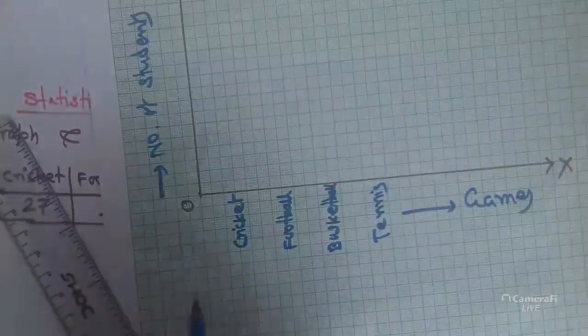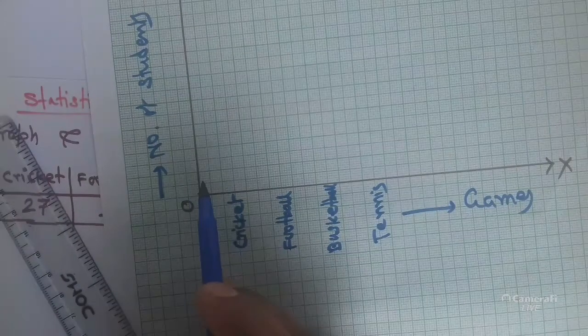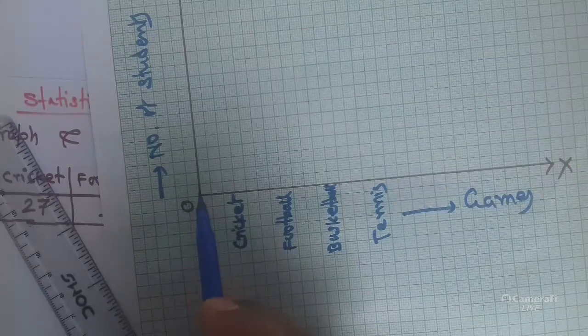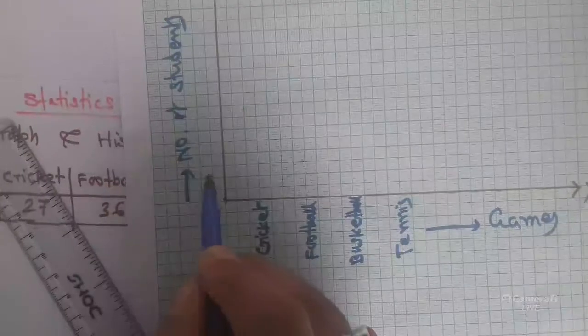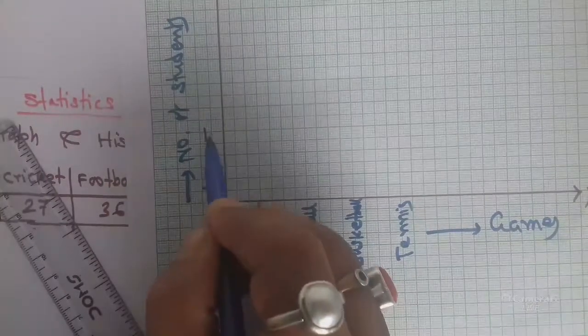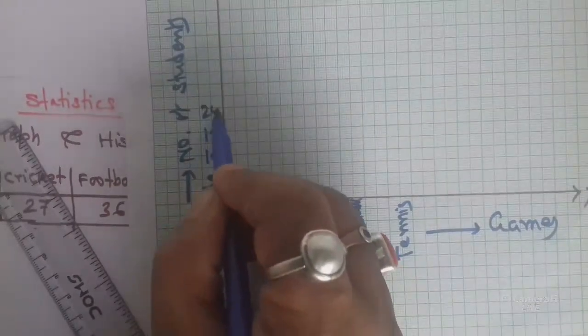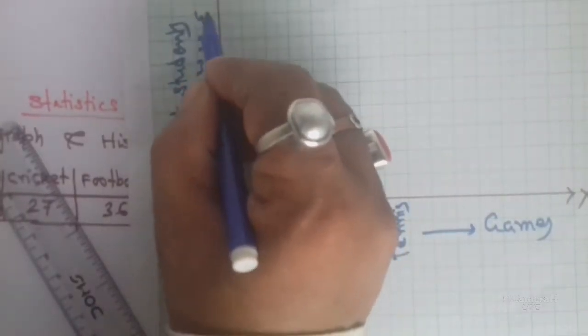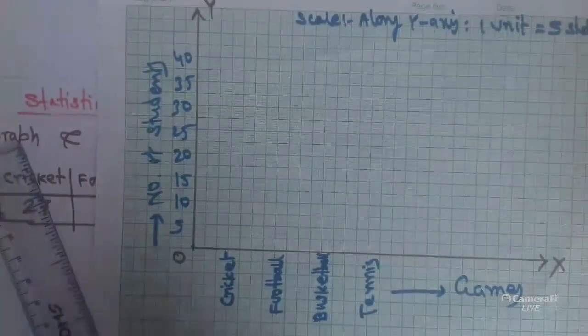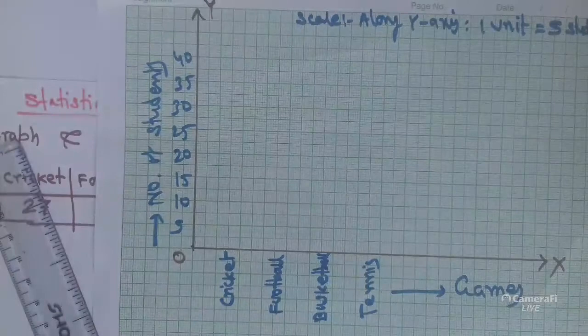I have chosen one box equal to 1 unit, and 1 unit is equal to 5 students. So that means we write like this: 5, 10, 15, 20, 25, 30, 35, 40. Like this we write the number of students.